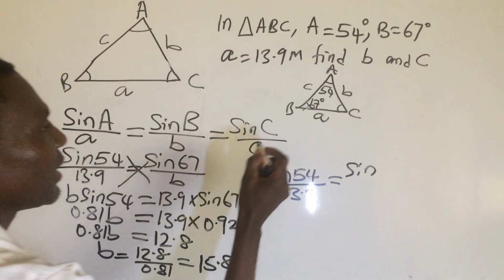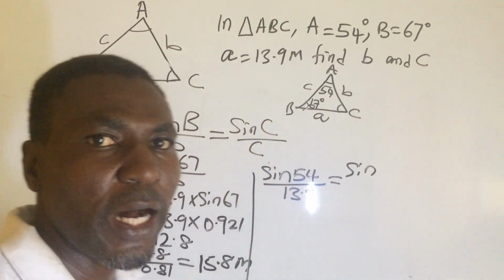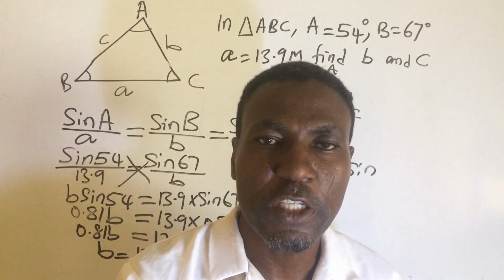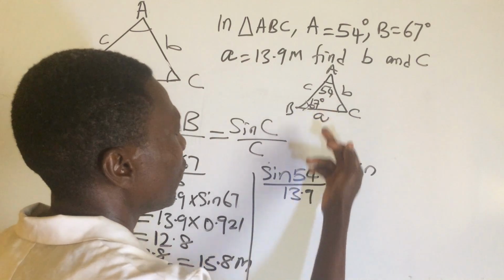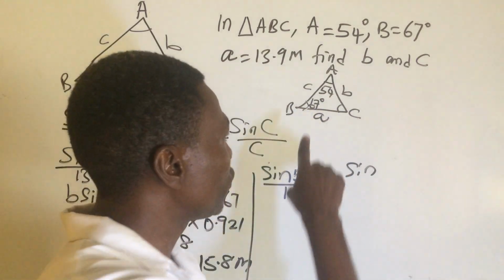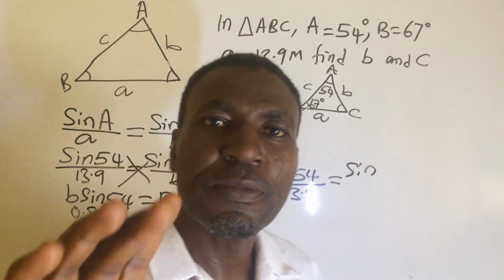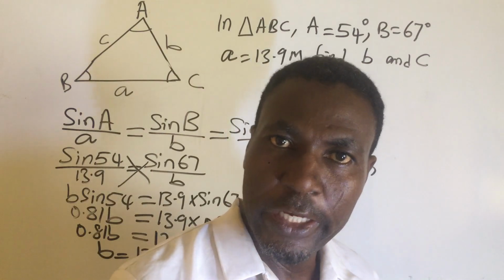We can get it immediately by saying the total angle of a triangle is 180, right? So if we have two angles already, we add these two and get the third angle.